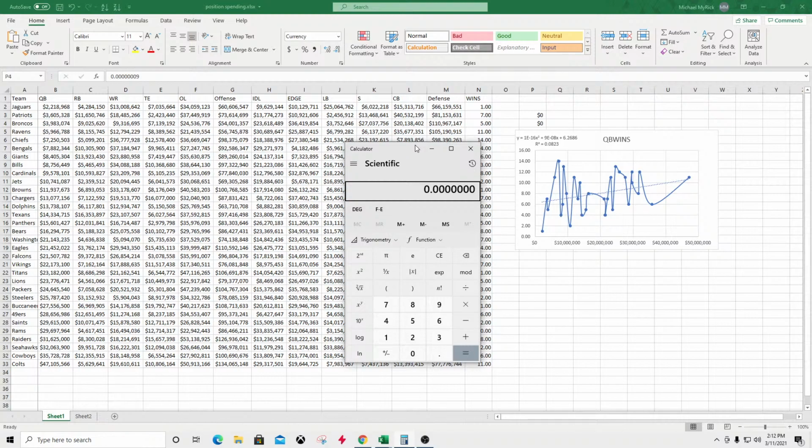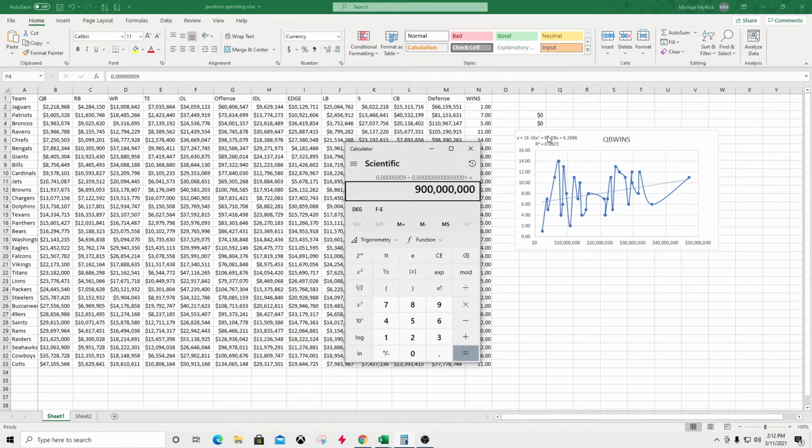Yeah, never mind. I have something to say about this in a second. So according to this, the best thing to spend is 900 million.